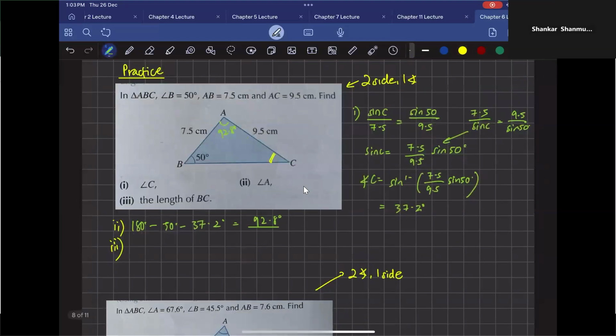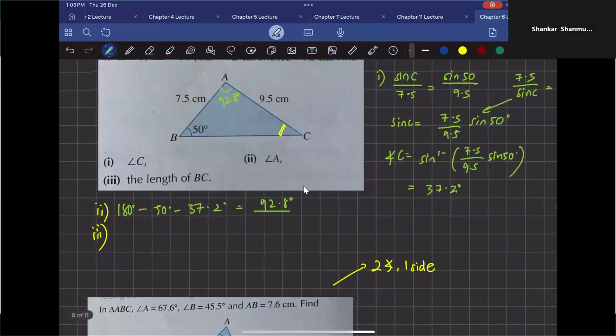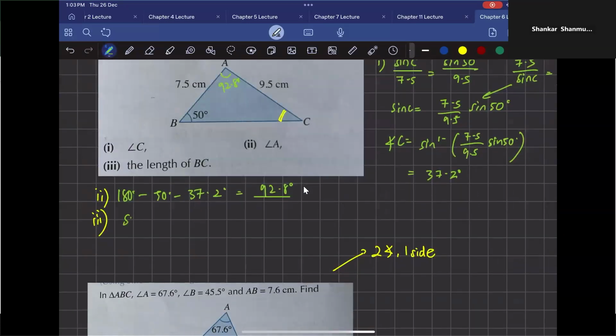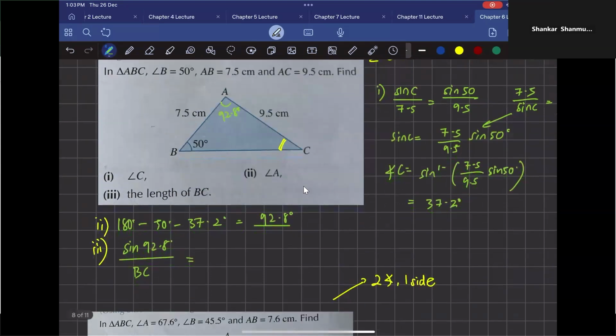Okay, so for your part C, you can also use your sine rule. So sine 92.8 degrees over BC is equals to use your given values. So you're given sine 50 over 9.5.